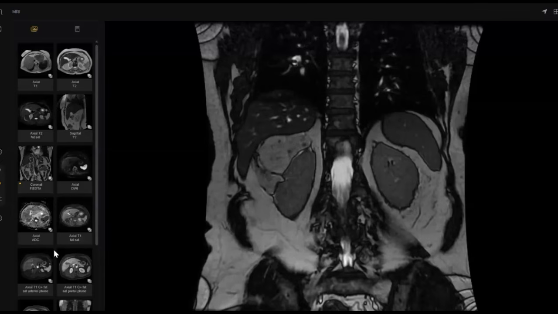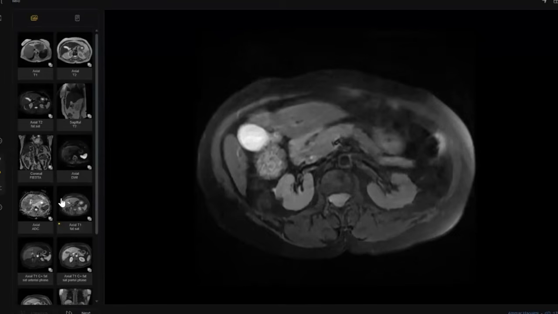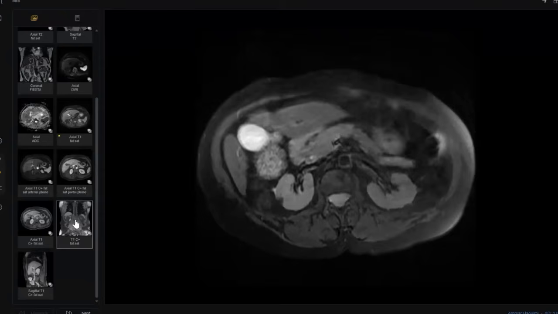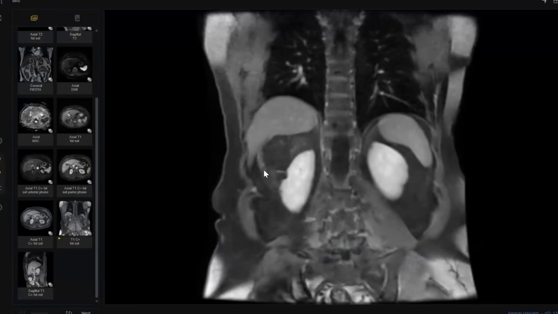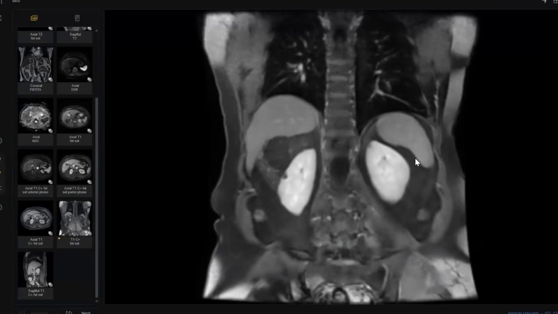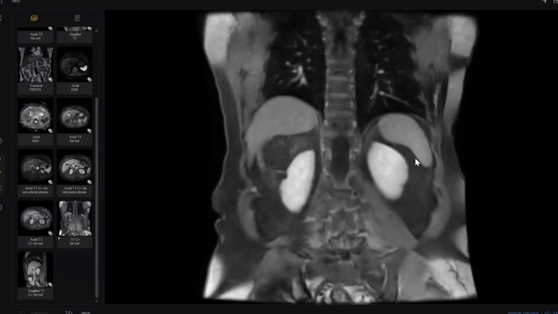Okay. The three points: number one, we follow some criteria from where this mass is supplied by blood. Look here, from the kidney. So it is a fat containing lesion exiting from the kidney.